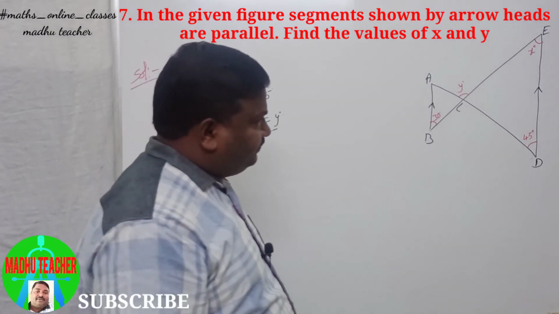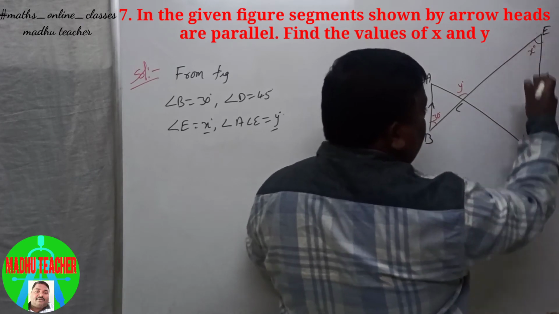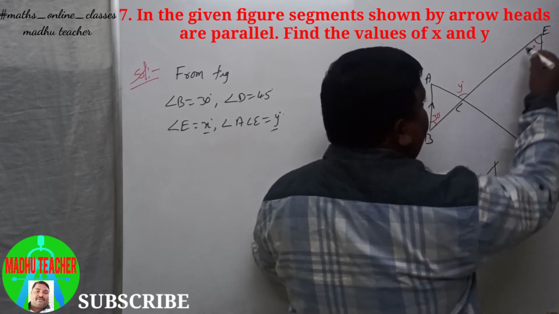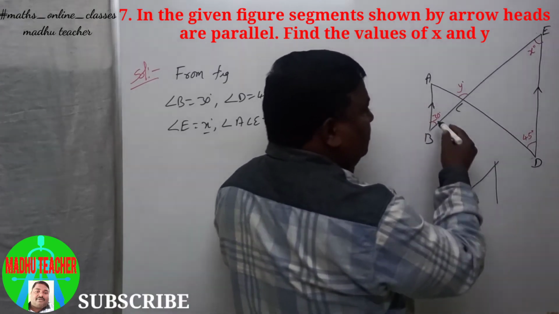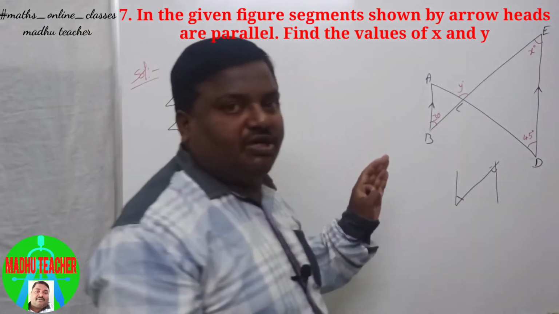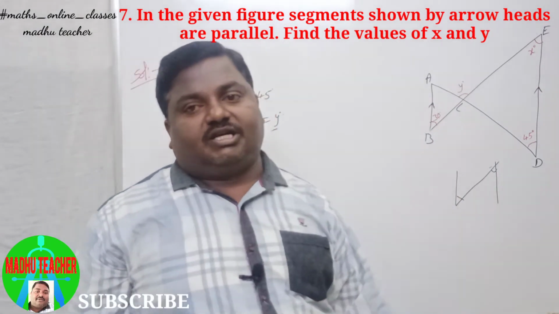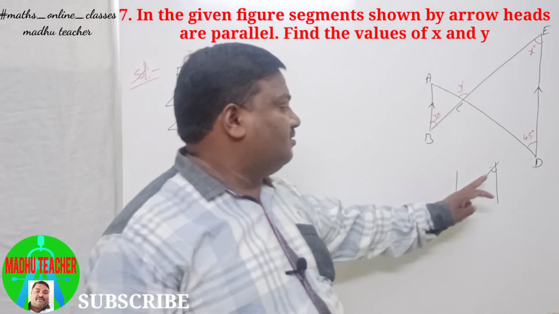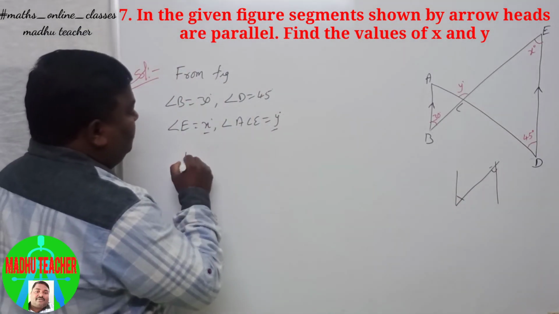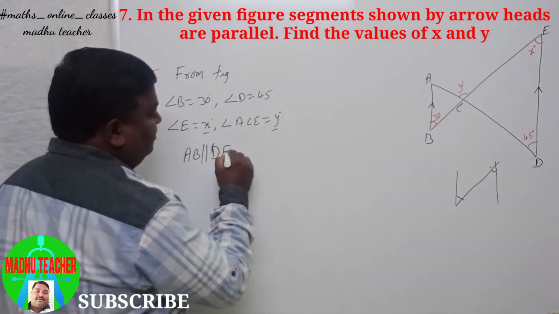Here, these two are parallel, AB parallel to DE, and BE is the transversal. Both angles are interior and on either side of the transversal, therefore they are alternate interior angles.